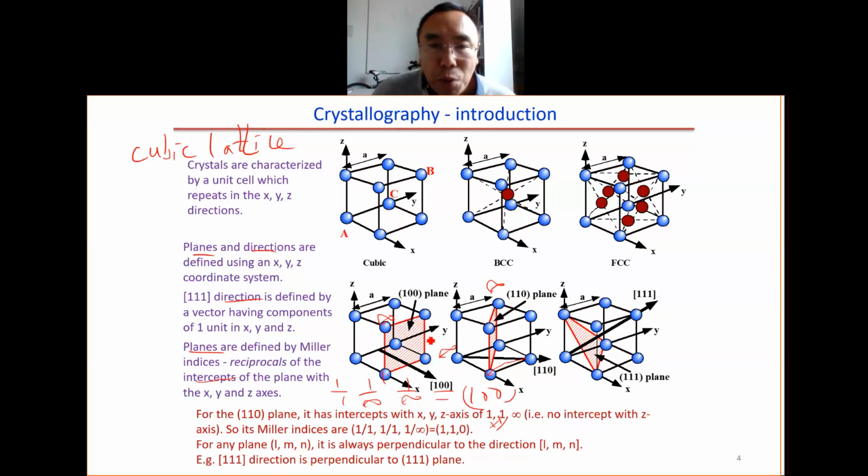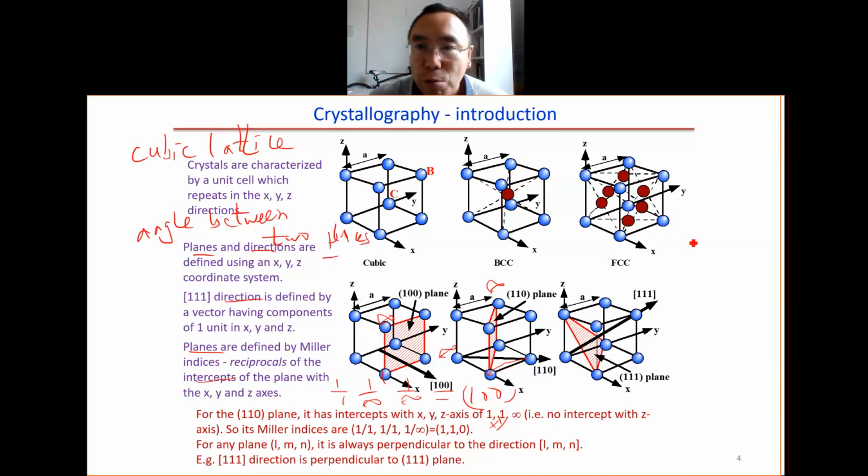This is very important because, for example, if I ask you to calculate the angle between two planes, for instance between this 110 plane and this 110 plane, then you can calculate the angle between the two directions. That gives the angle between the two planes.